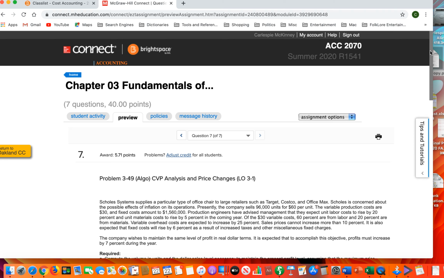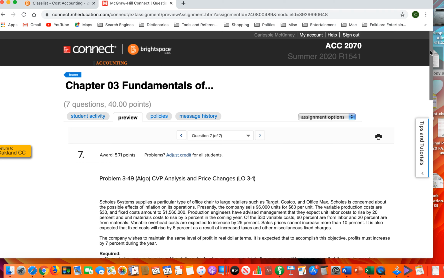So 60% of 30 is 18. And 20% is from materials. So 20% of 30 is 6. Okay? And the rest has to be overhead, variable overhead. You just figure that out.